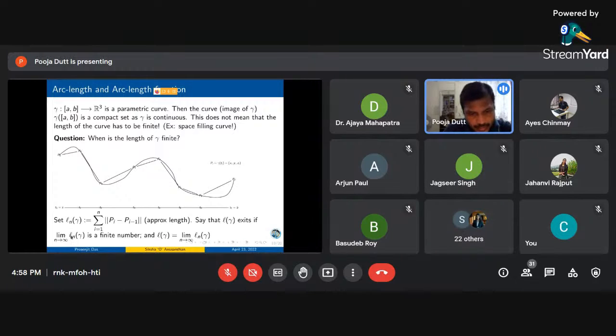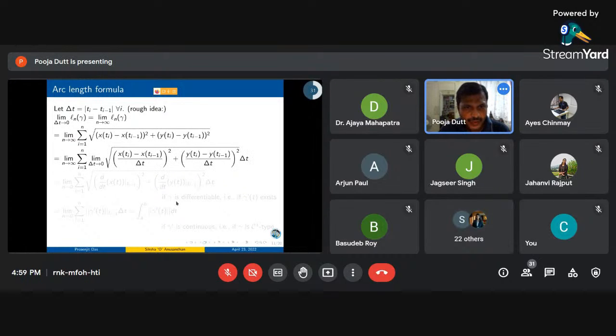If this sequence is convergent, that means the limit as n tends to infinity of ln is a finite number, we say the length of gamma exists, and the limit is called the length of gamma. Now the thing is, how to measure it.